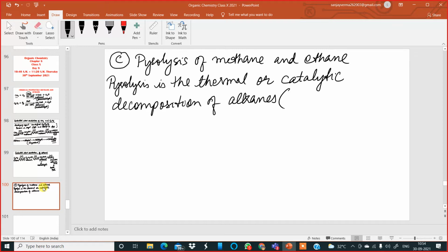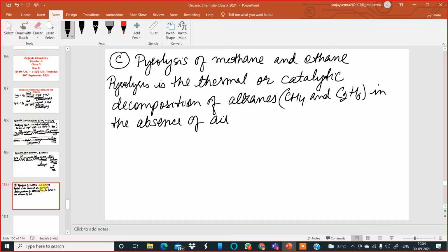When I say alkanes, I'm talking about methane and ethane, in the absence of air, at high temperature. So this is called pyrolysis.